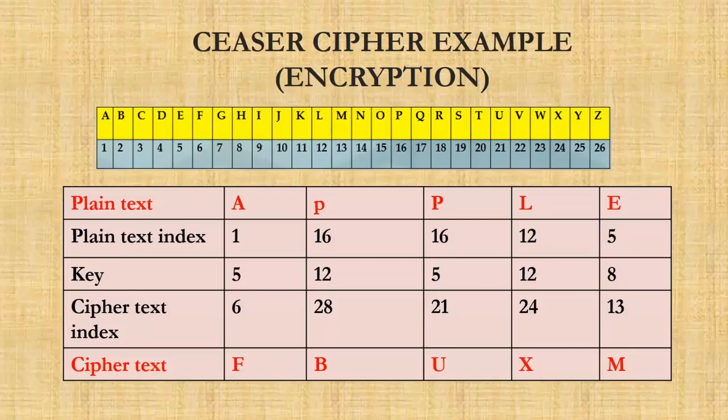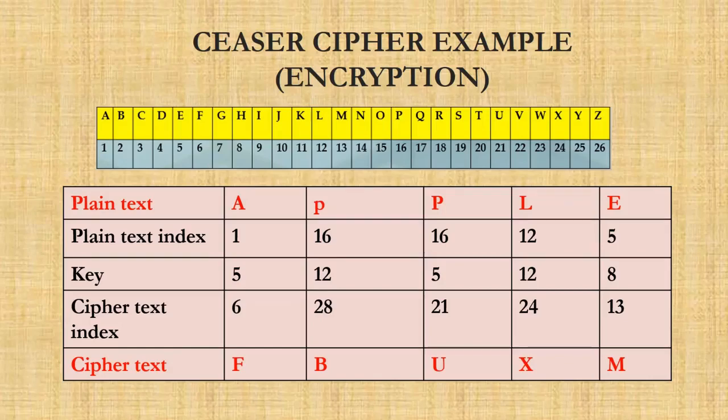As we know, encryption follows the formula C equals P plus K, which means plain text index plus key equals ciphertext index. Here 1 plus 5 equals 6, 16 plus 12 equals 28, and 16 plus 5 equals 21, and the rest are the same. Thus we have converted the plain text into ciphertext.